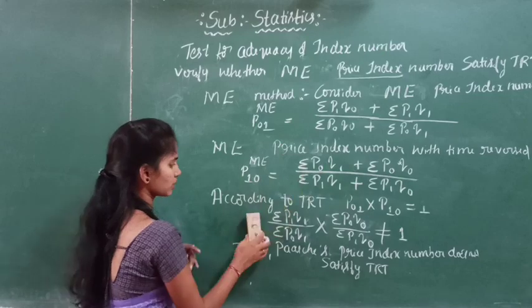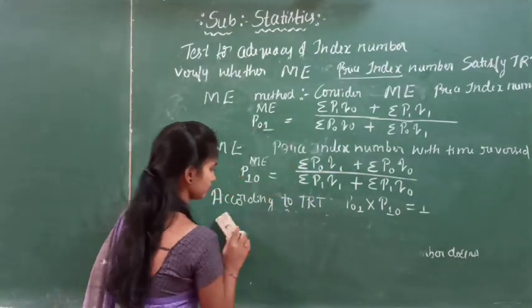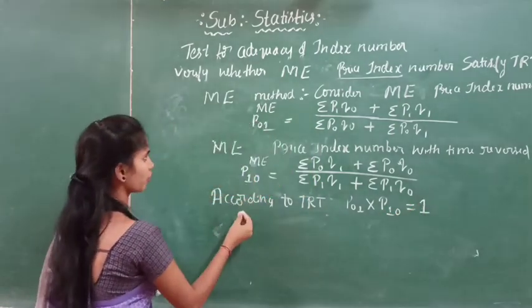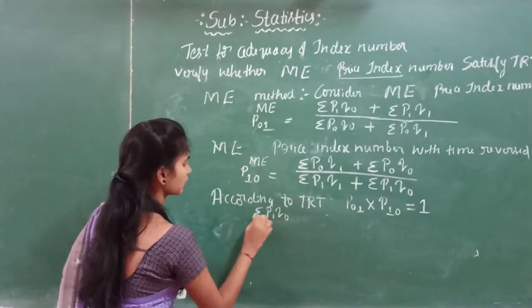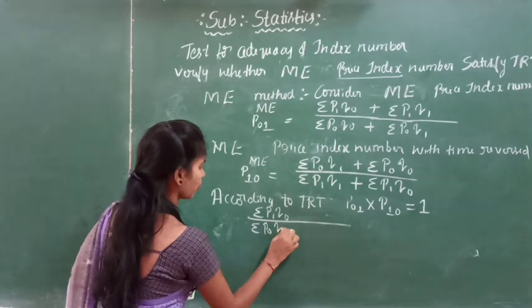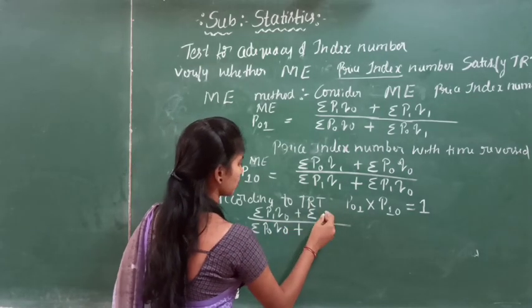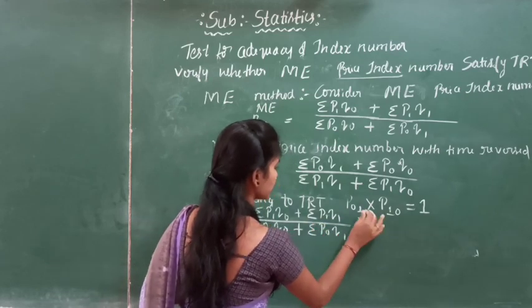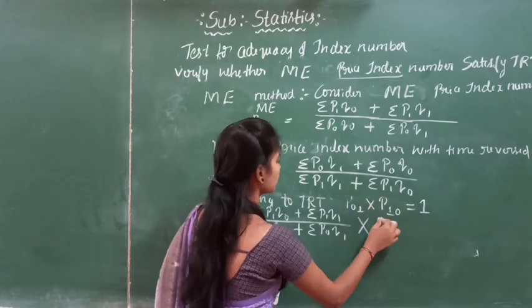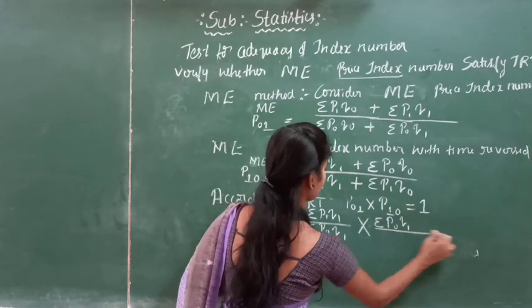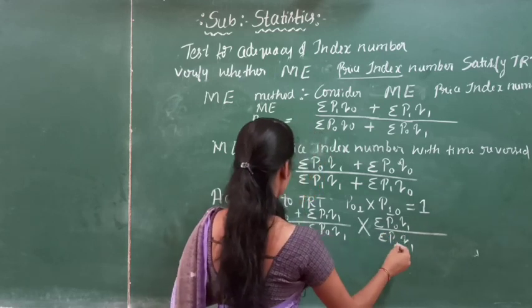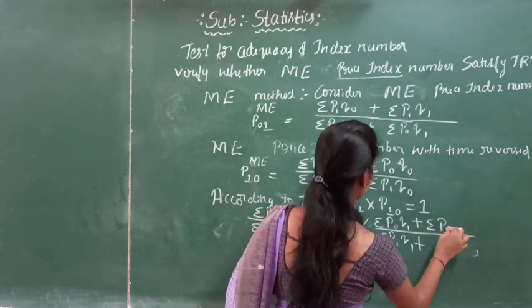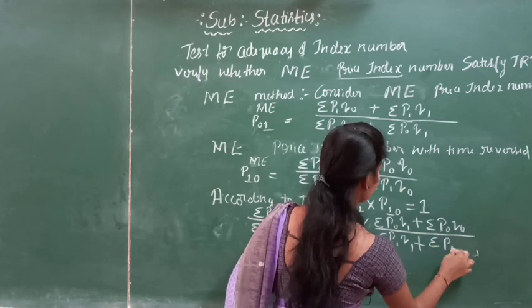Write both the formulas, the P01 formula, then the multiplication sign, then the P10 formula.